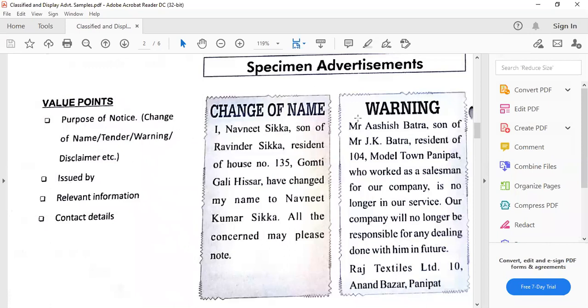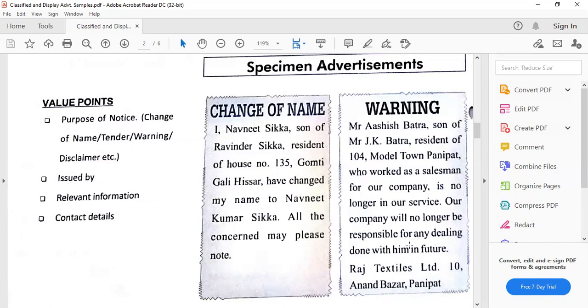Next is the sample for the warning. Mr. Ashish Batra, son of Mr. J.K. Batra, resident of 104 Model Town, Panipat, who worked as a salesman for our company, is no longer in our service. Our company will no longer be responsible for any dealing done with him in future. Raj Textiles Limited, 10 Anand Bazaar, Panipat, and you can add the contact number also.